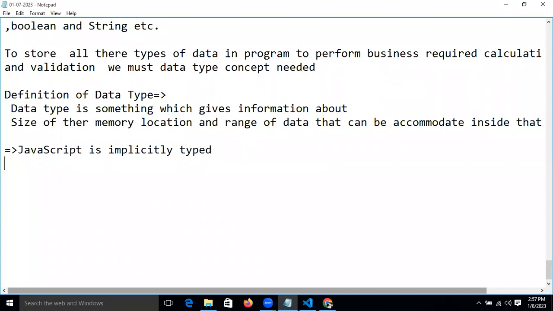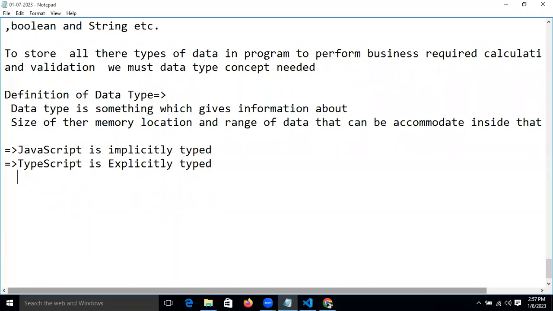But whenever we work in TypeScript, we need to declare types explicitly. It is explicitly typed.